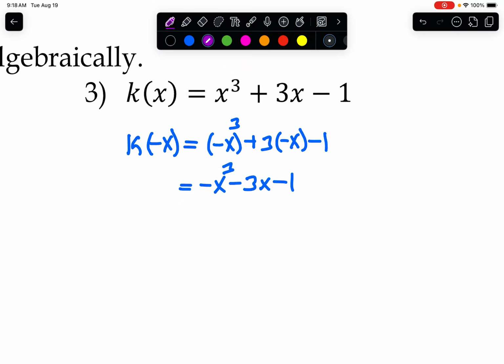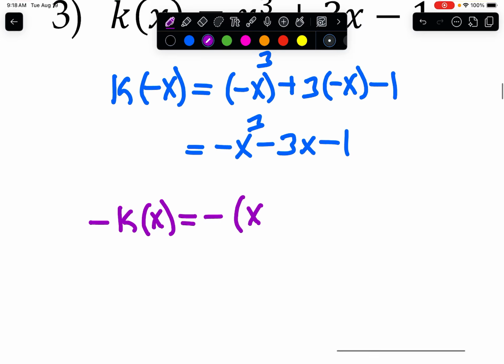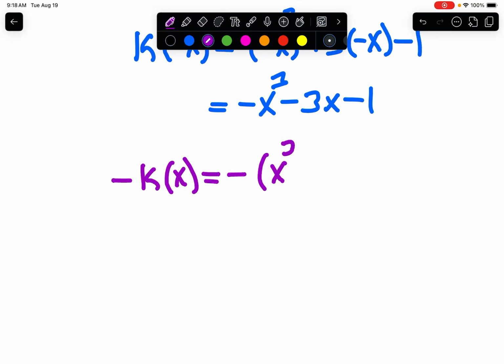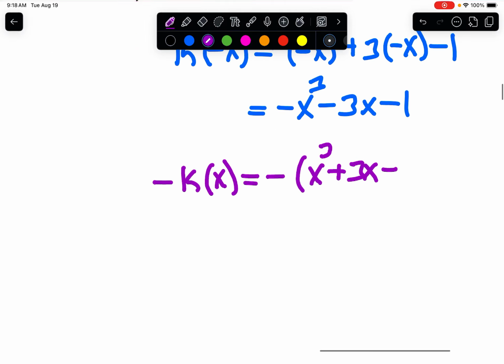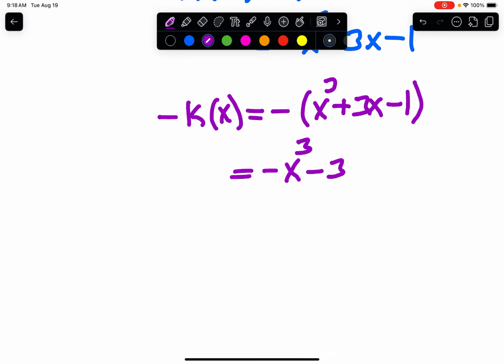So now I want to see if it's going to be odd by checking 2 and 3. So now we need to check negative k of x. So negative parentheses, and then the original. So x cubed plus 3x, and then minus 1. So when you distribute the negative, so negative x cubed, minus 3x, and then plus 1.